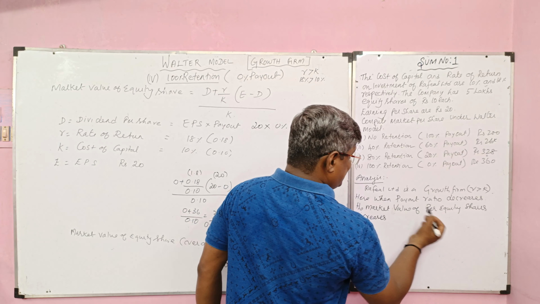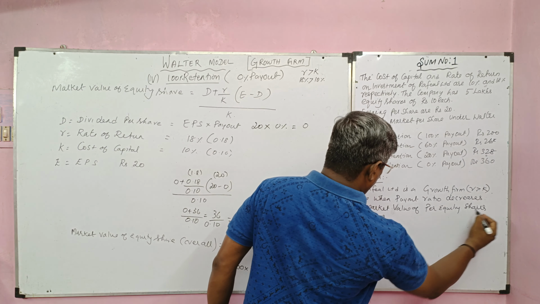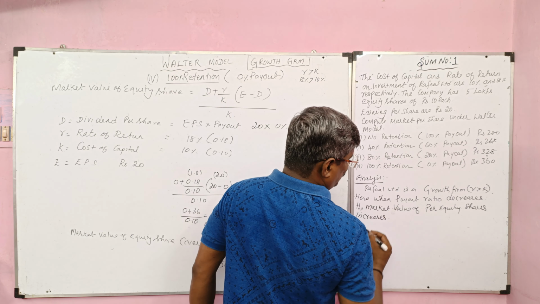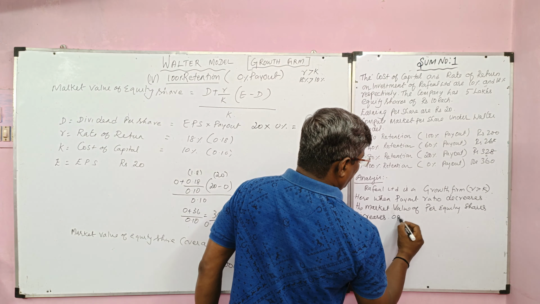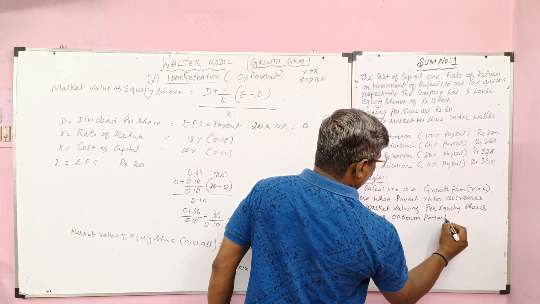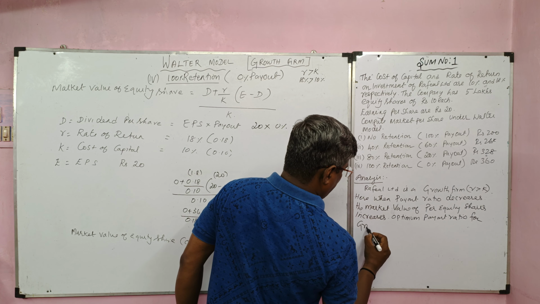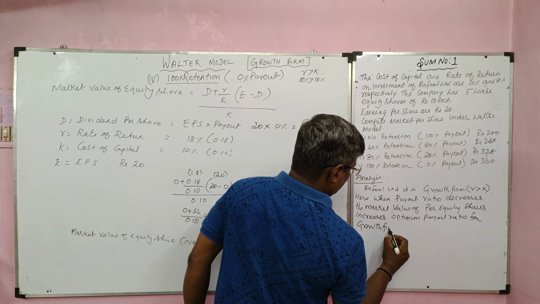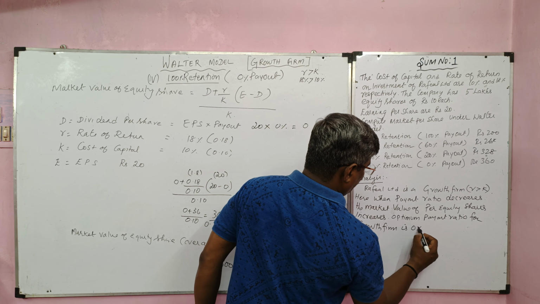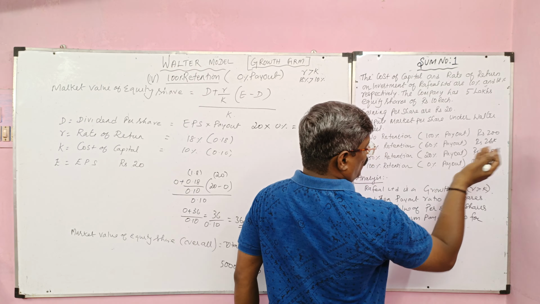Payout ratio decreases, the market value of per equity share increases, which means the optimum payout ratio for growth firm is 0%. See here, when payout is 0, the share price is more.